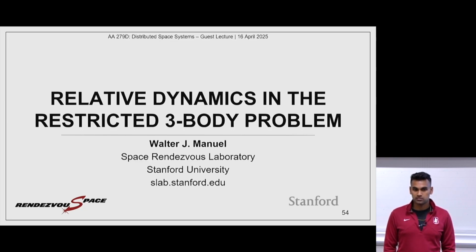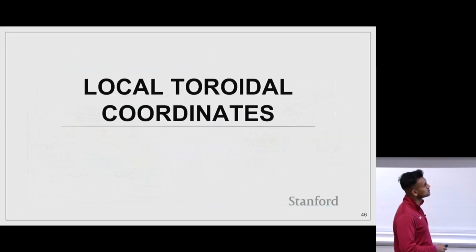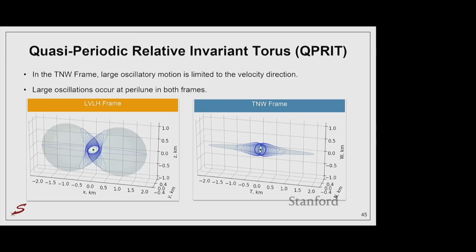Two satellites, like two deputies, you mean? Like, yeah, or I guess if there's the chief and the deputy, and they're both in a passively safe orbit, is that a situation where the deputy is not drifting away from the chief, or would there be drift?